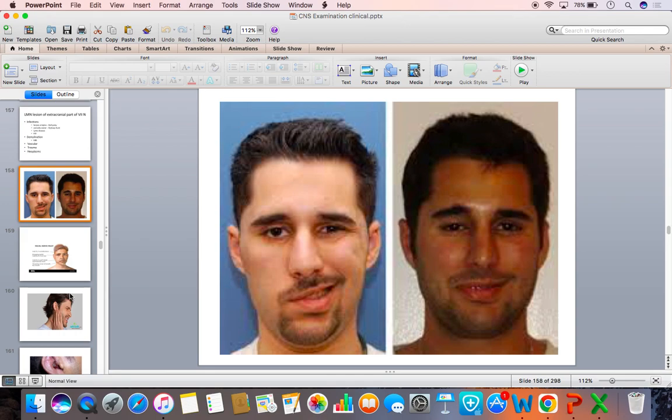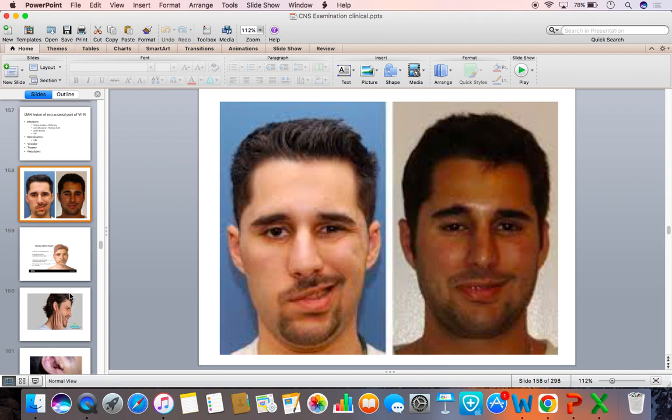Well, this picture shows a patient with Bell's palsy on the right side. There is a loss of wrinkling, that is, in the frontal region, the forehead, and there is absence of the nasolabial fold and widening of the palpebral fissure.